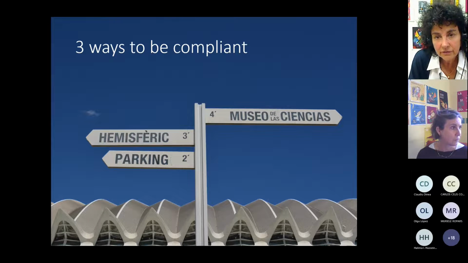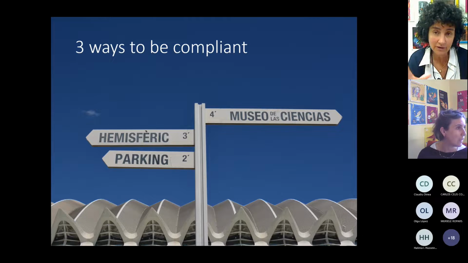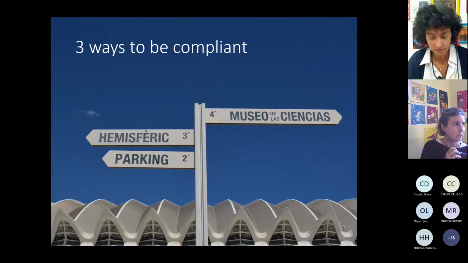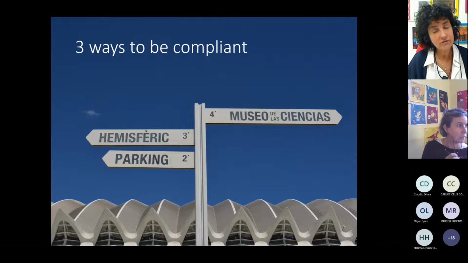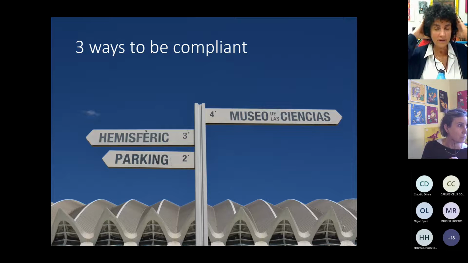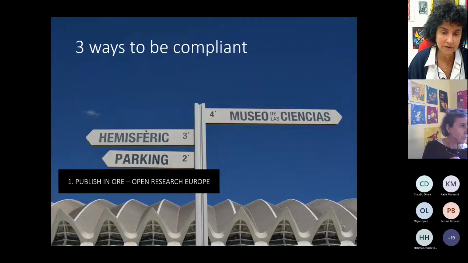So you have 3 ways to be compliant. We were discussing mandatory practices for publications, okay? And then we are going for data and reproducibility. You have 3 ways to be compliant for publications, which are not publishing in an open access journal. The first one is publishing in ORE, Open Research Europe, which is the platform the European Commission is providing for free.